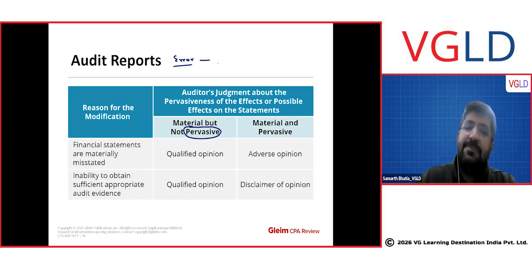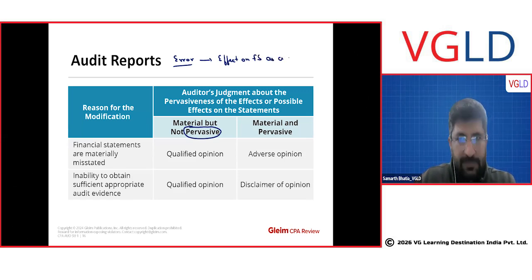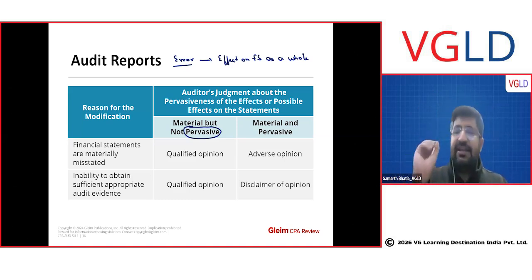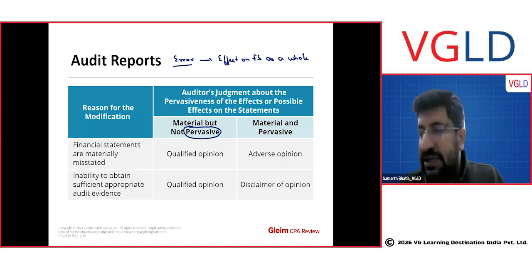But some of the misstatements can have an effect on the financial statements as a whole. That is something known as a pervasive effect. Pervasive means if there is an effect on the financial statements as a whole, it is known as a pervasive effect.